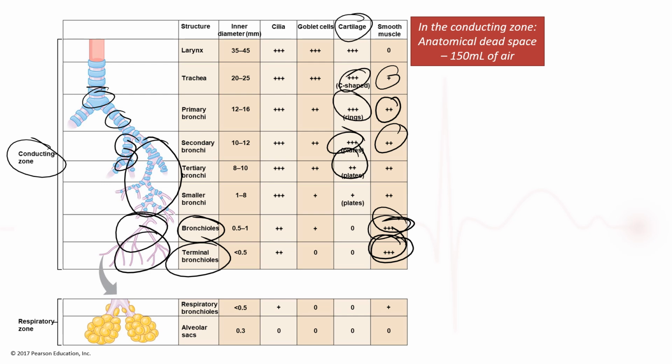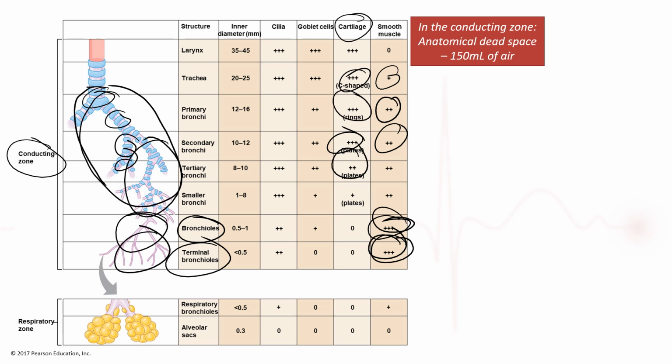So the point of all of this is to say that these upper passageways, like the trachea, primary and secondary bronchi, etc., the lumen doesn't change all that much. They really just serve as a non-changing passageway for air.